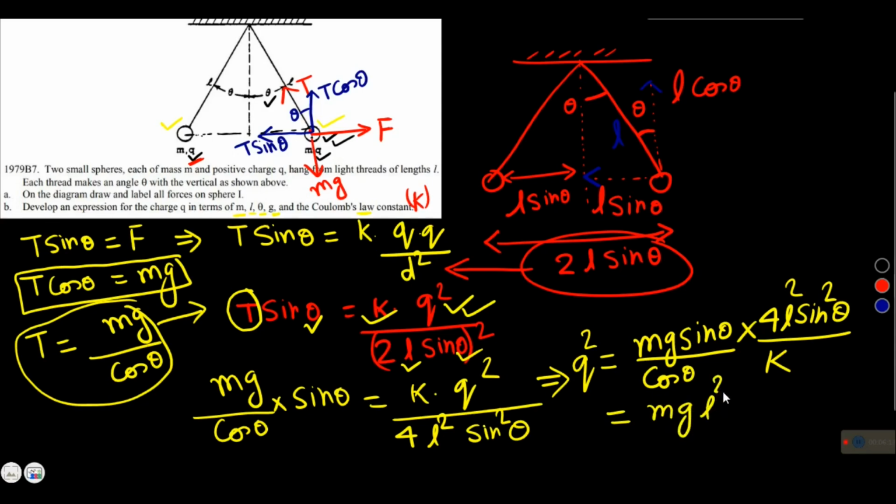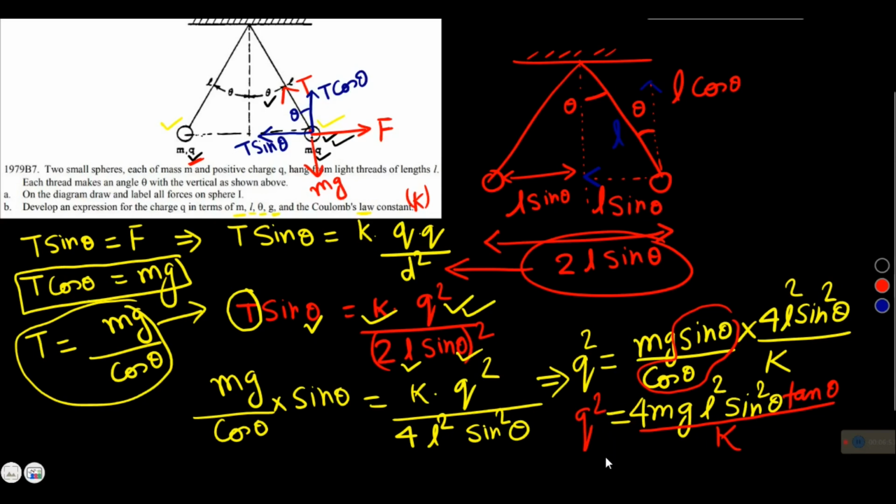This sin theta upon cos theta can be written as tan theta. So our answer should be 4L square mg tan theta sin square theta upon k. This is the value of q square.